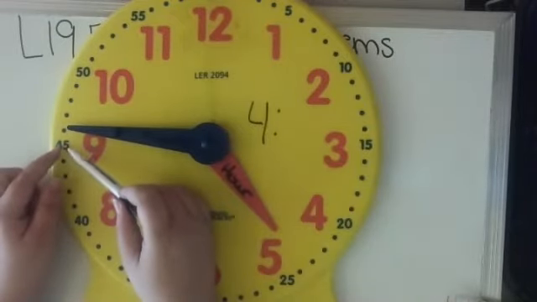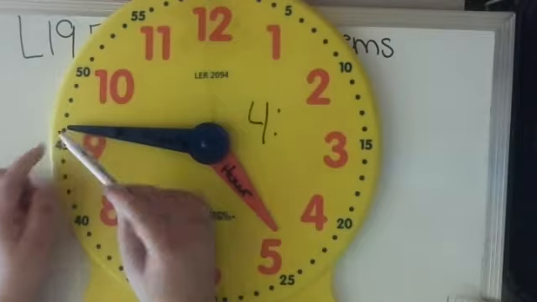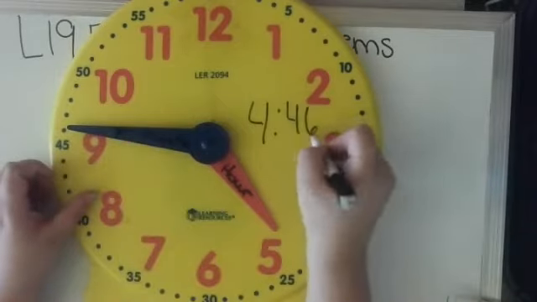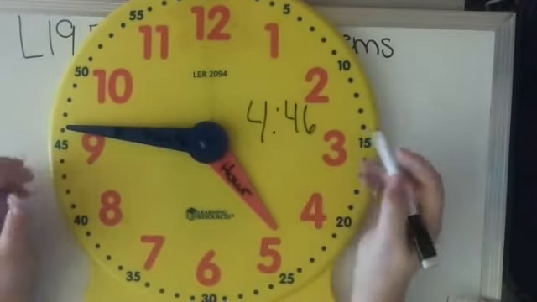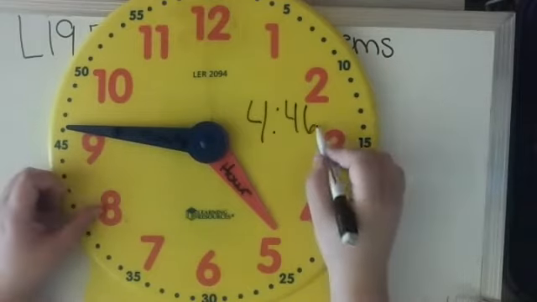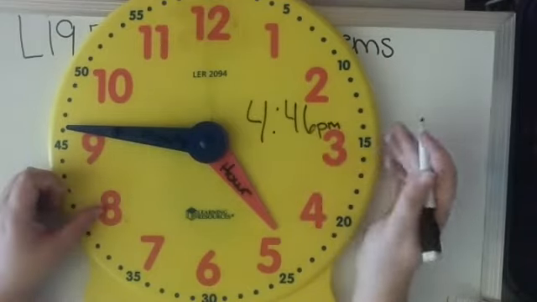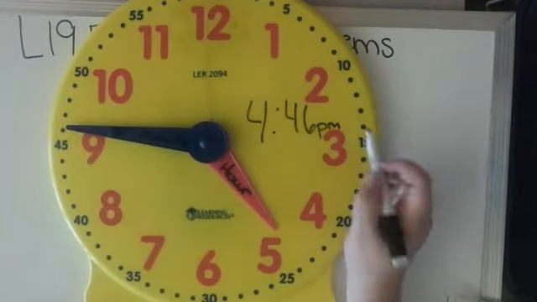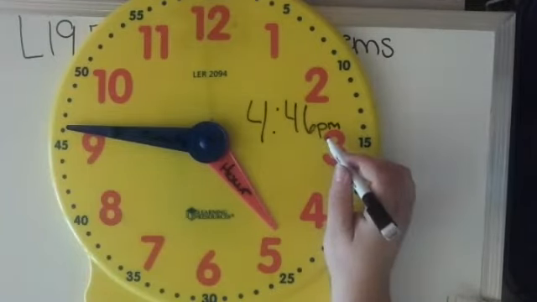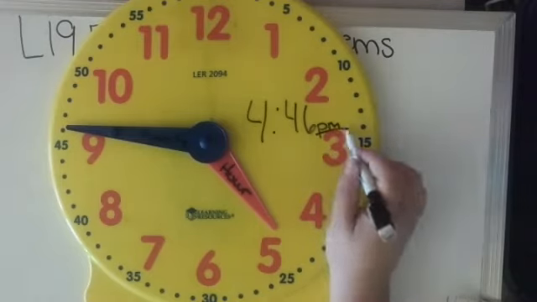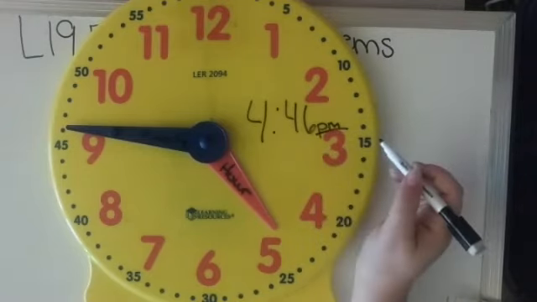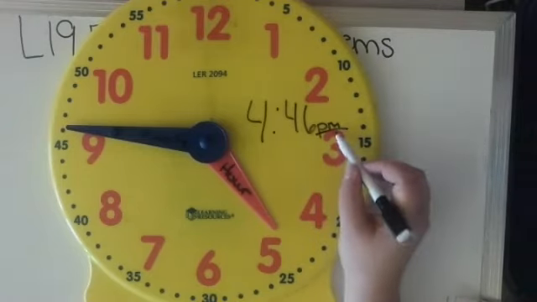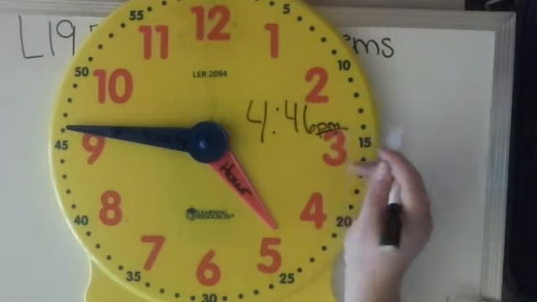It's not at 45, it is at 46. So this is 4:46. And then hopefully it'll tell me which is AM or PM. PM is evening, AM is morning. If it does tell you PM, make sure that you're saying it's in the evening. In the morning, it is AM.